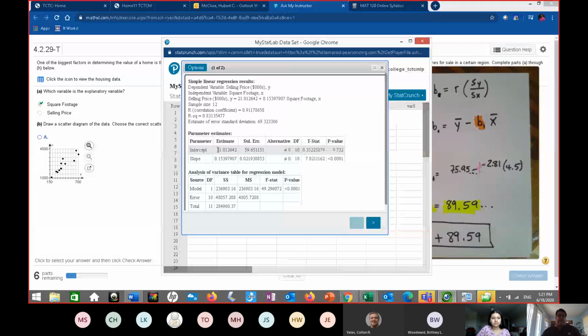Write that down, 21.012642. And our slope is positive. Slope is equal to 0.15397907. R is 0.91178658.